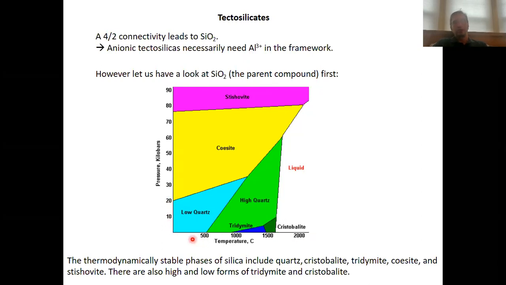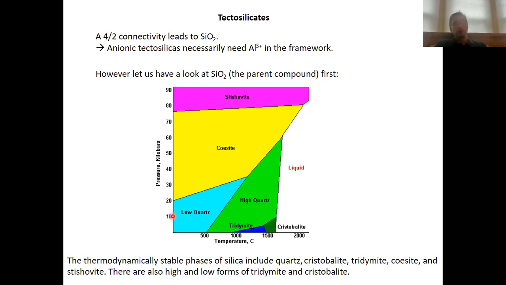In this phase diagram, you have the temperature to the right side and the pressure as the y coordinate. And you see that SiO2 has fairly many phases. So what is the phase that we find at ambient pressure and ambient temperature? This phase is the so-called low quartz, as you see here.